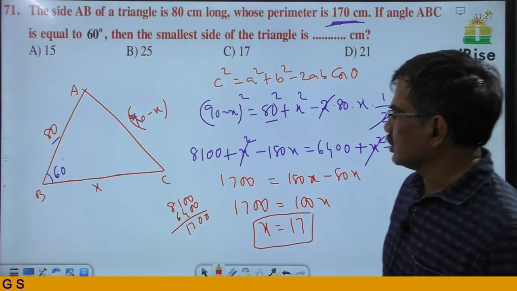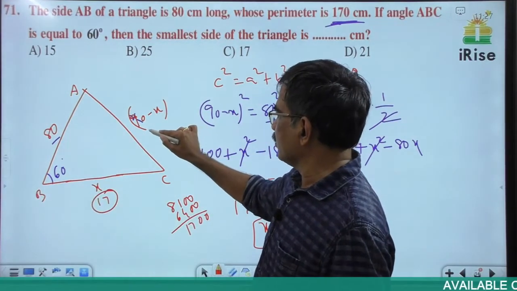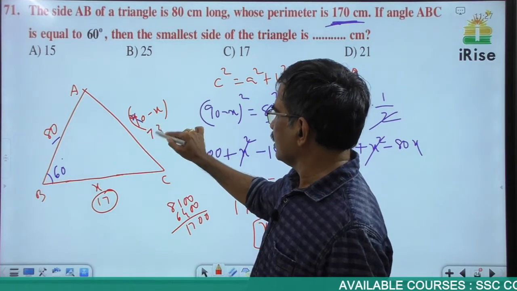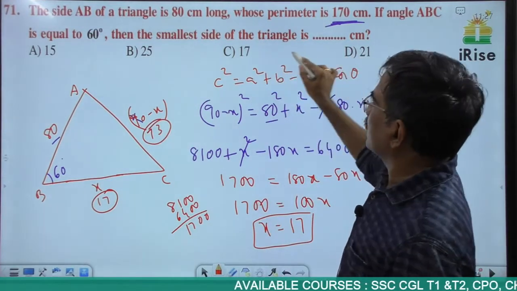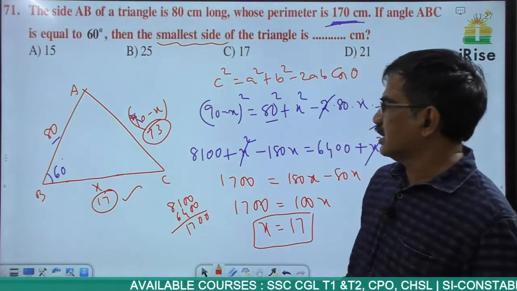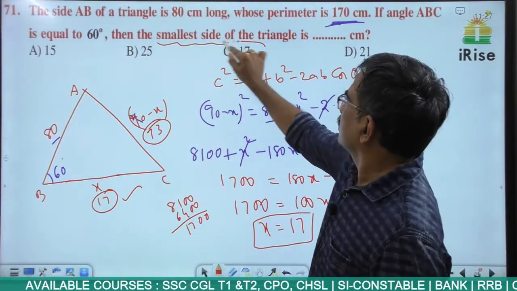If this is 17, 90 minus 17 is equal to 73. They want the smallest side of the triangle. The smallest side is nothing but 17 centimeters. Okay, so the answer is 17.